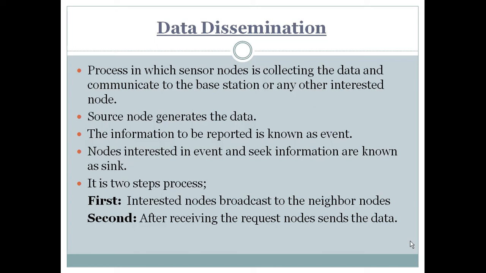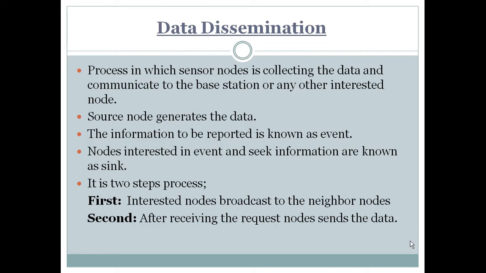This source node has all the data which will be forwarded or which is required by any other node or the destination. The second entity, the sink node, is the node which is interested in a particular type of information or data and which seeks the information from the source node.